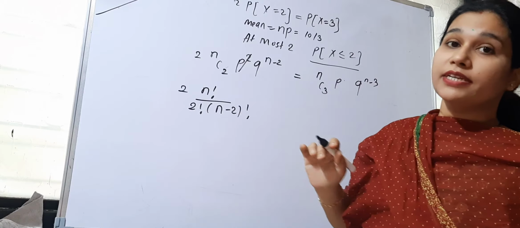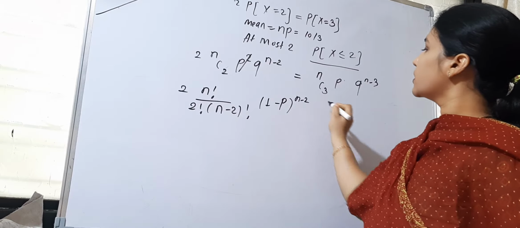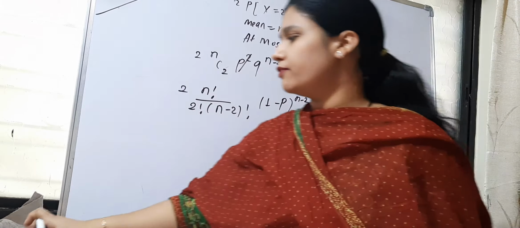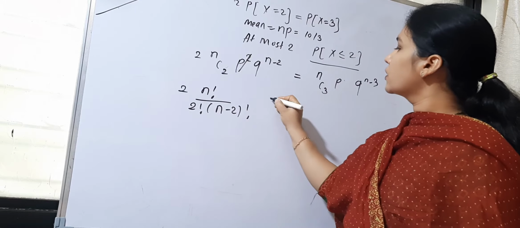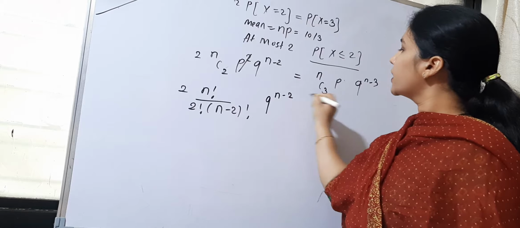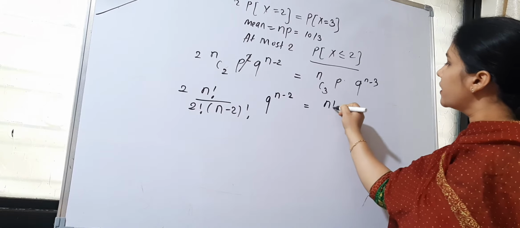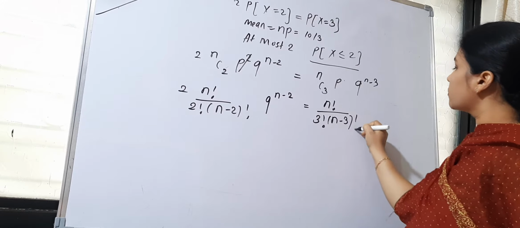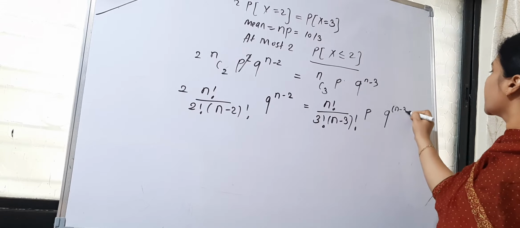Q can be written as 1 minus p, so I will write here 1 minus p to the power n minus 2. Or we can put first q, then we will convert it. Okay. First we will write it as it is, q. Q to the power n minus 2 equal to nC3, n factorial, 3 factorial, n minus 3 factorial. P is here. And here it is q to the power n minus 3.